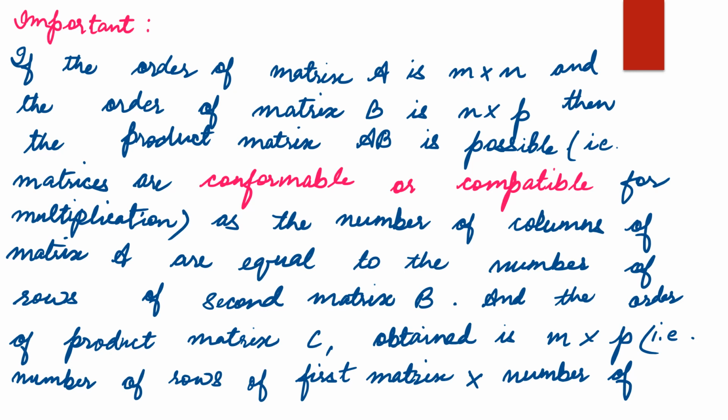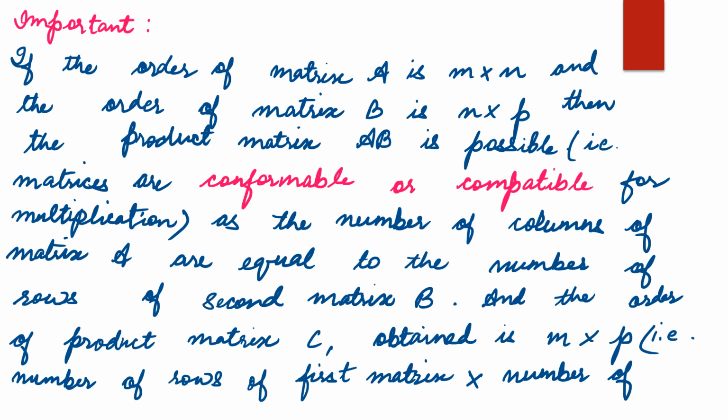Therefore these two matrices are compatible for multiplication, and the order of the matrix C obtained is m by p, that is m rows and p columns. M rows taken from A and p columns taken from B, that is the number of rows of first matrix into number of columns of second matrix.